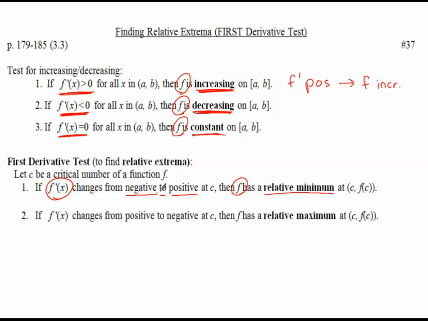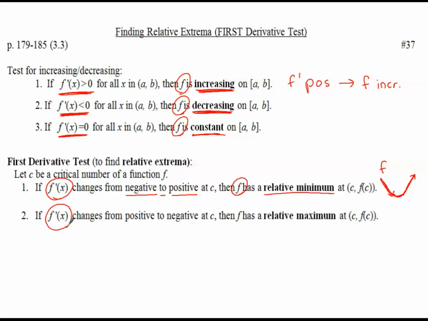So f prime changes from negative to positive. Think about what that looks like. F prime is negative, which means f will be going down, and then f prime changing to positive means f will be going up. So we have a change from a negative to positive, and something critical is happening, like the derivative is 0 or does not exist. Then we have a relative minimum because we have a valley.